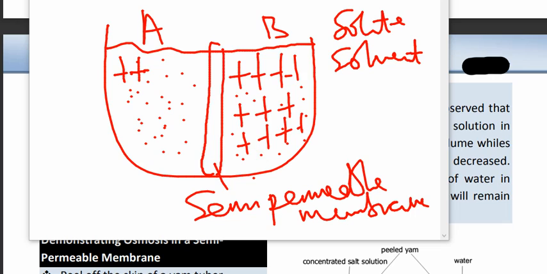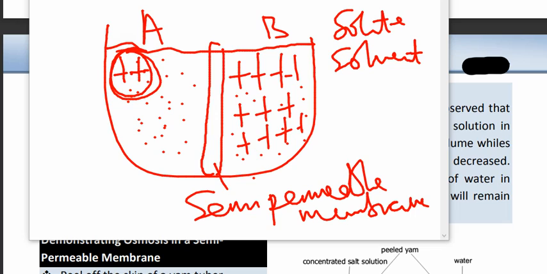Few solvent. So always for osmosis, it is the movement of water molecules from a more dilute solution, in other words, from a solution which is having low solute concentration.